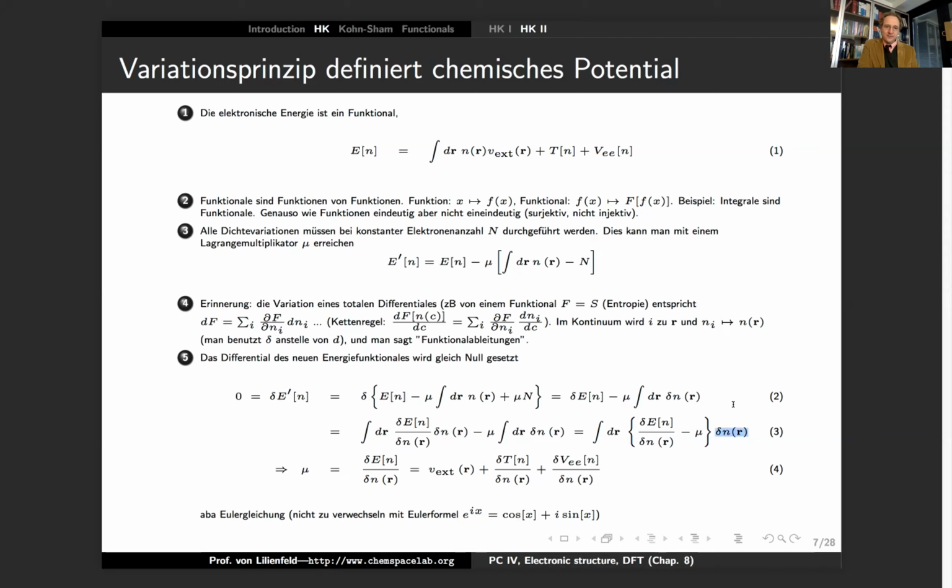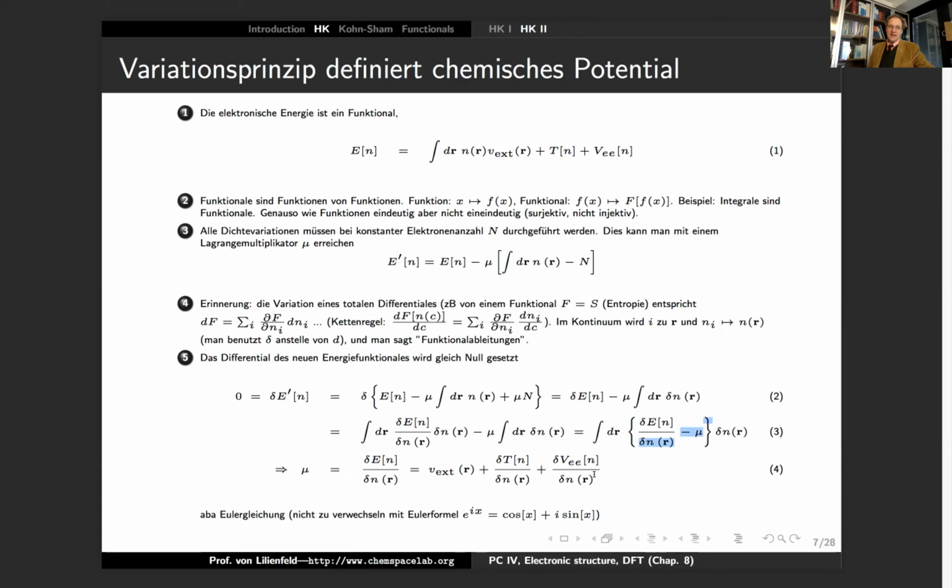Now, there's a theorem or lemma in variational theory that for this integral to be 0, and we want this to be 0 because our energy should be minimal by the variational principle, this integrand, the bracket here, has to be 0 too.